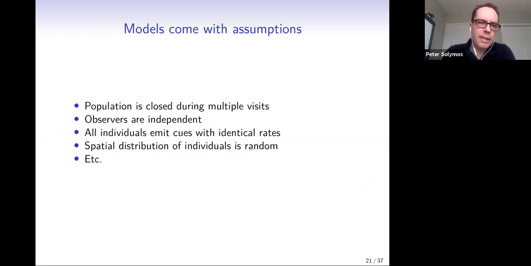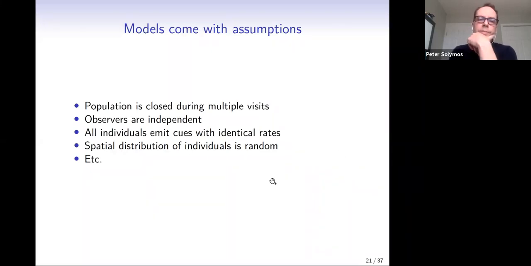Other assumptions might include that the observers are independent, all individuals are identical with respect to how often they vocalize or move around, their spatial distribution is random, and so on.